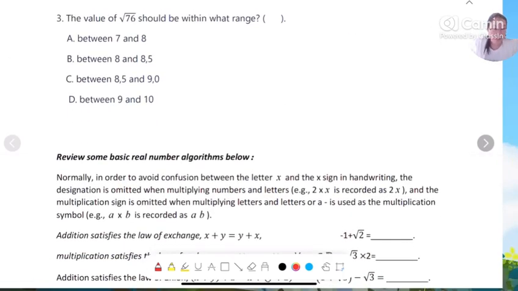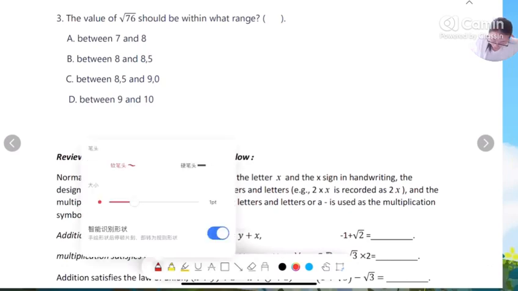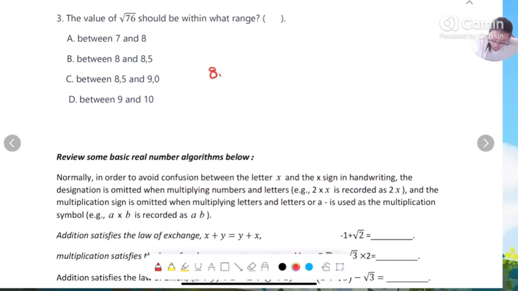In the next question, since 8.5 squared is equal to 72.25, it's less than 76. 76 is less than 91, so we choose C.